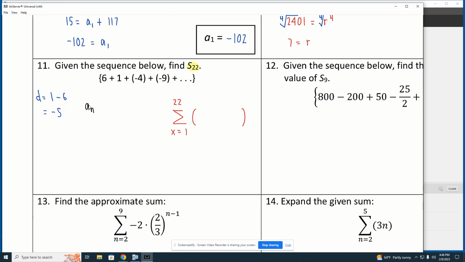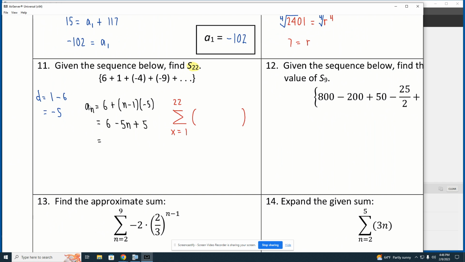So I'm using the equation a sub n equals a sub 1, 6, plus n minus 1 times d, negative 5. I plug that in. We've got 6 that comes on down. Negative 5 times n is negative 5n. And negative 5 times negative 1 is positive 5.